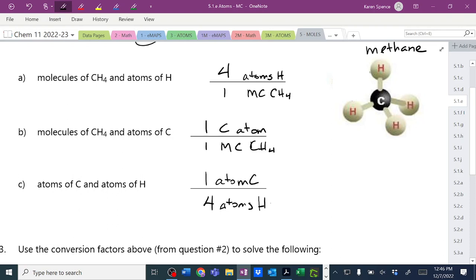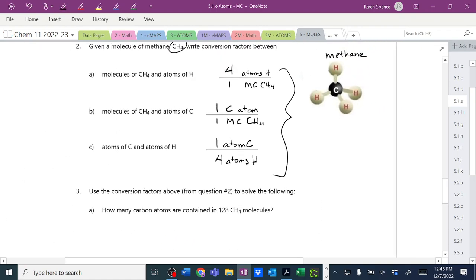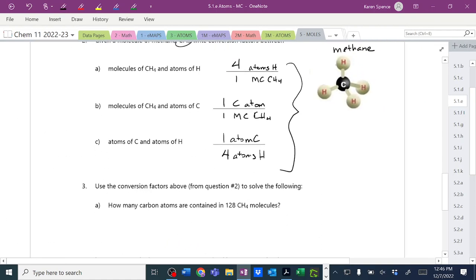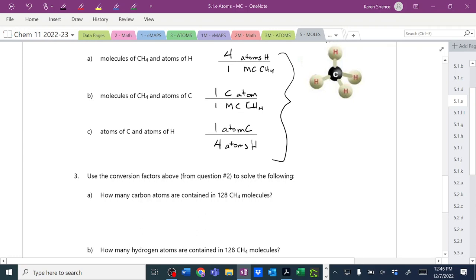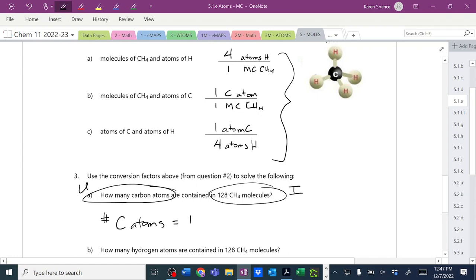We are now going to use these 3 conversion factors to solve the following. How many carbon atoms are contained in 128 CH4 molecules? That's our initial quantity, and our unknown is the carbon atoms. So we want to find the number of carbon atoms, and we are starting with 128 CH4 molecules.